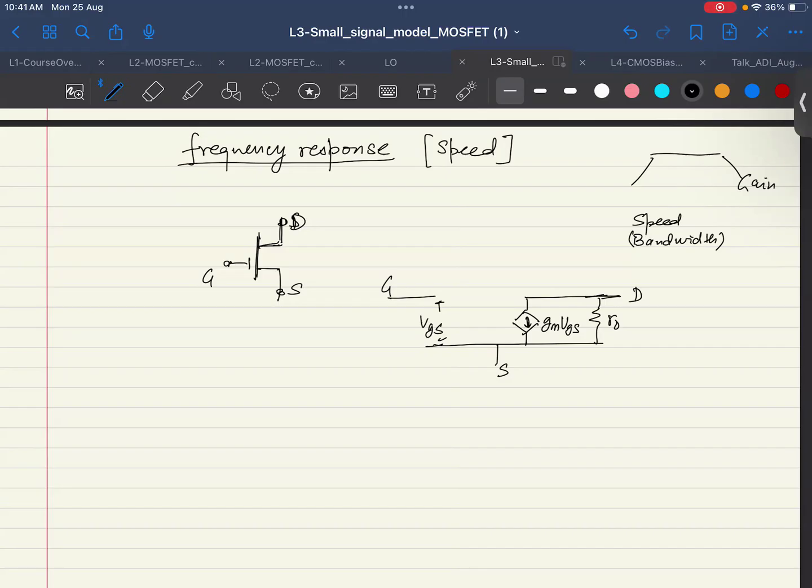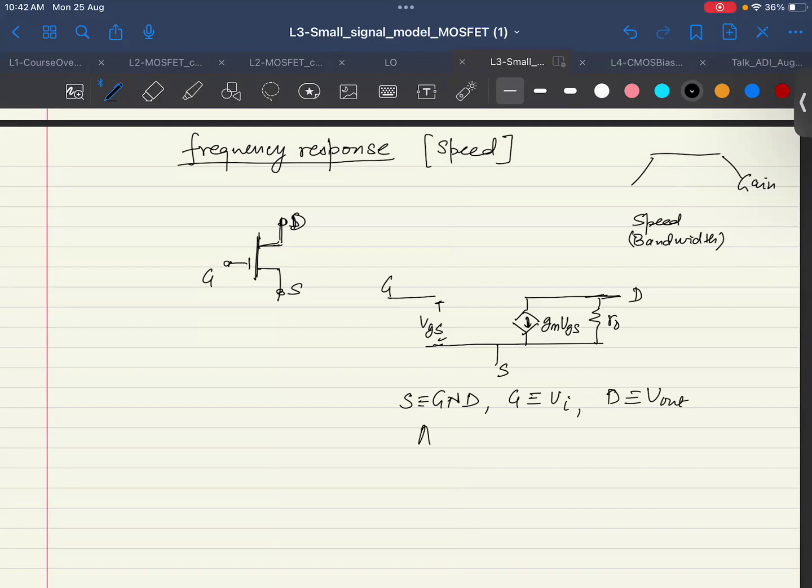And if we look at this, when we describe the gain, particularly, let's say for common source, common source means that your source is grounded, right? It's a ground, and so your G is Vi, and your D is V out, right?